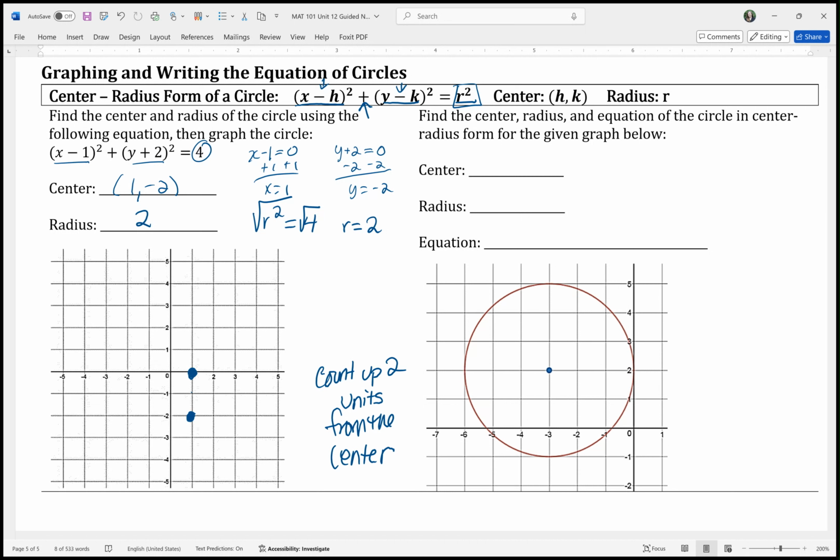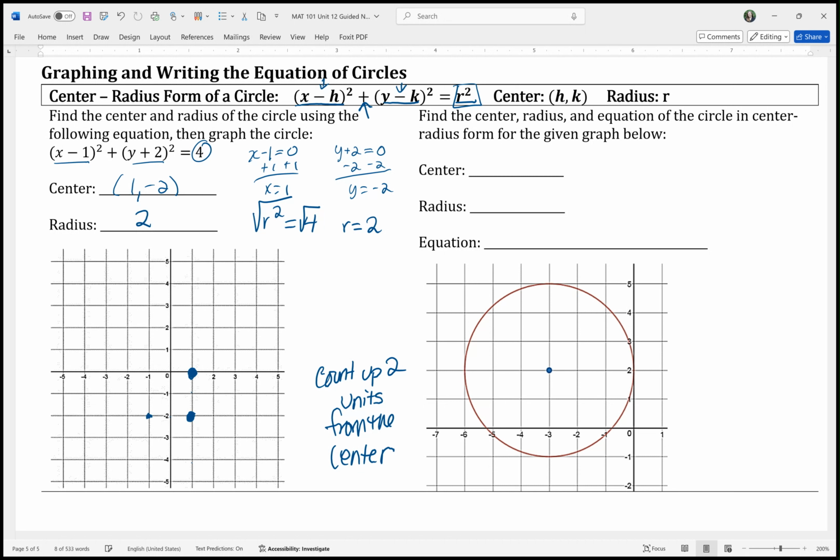That makes another point. In our system, it will magically make the circle from there because it knows where the center is and how far away from the center it needs to go. However, I'm having to manually graph this on a computer, so we're going to continue on. I'm going to go up 2, but now let's go left 2 units, so 1, 2.